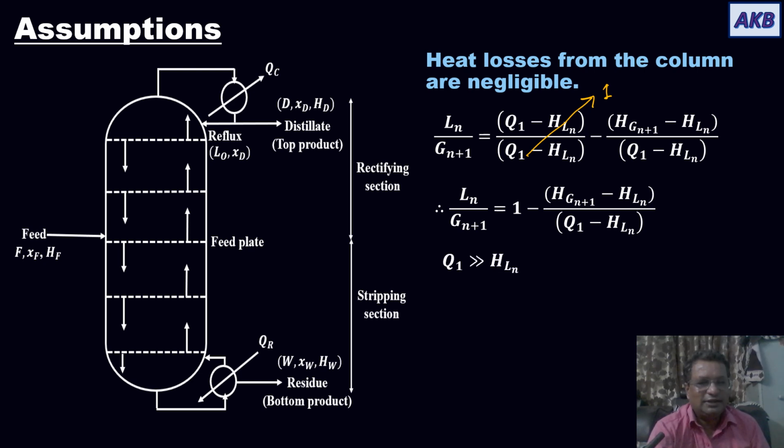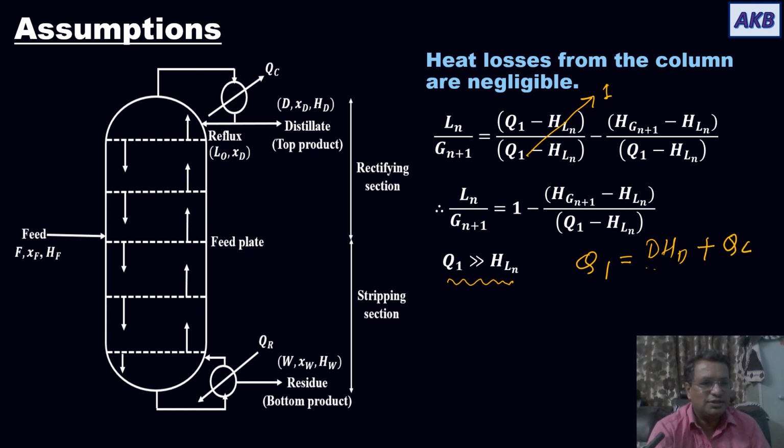Now the fact is Q1, which is the net heat removed at the top. If you look at the top, the total heat removed will be the heat removed along with the distillate, which is D into HD, and the heat removed in the condenser.